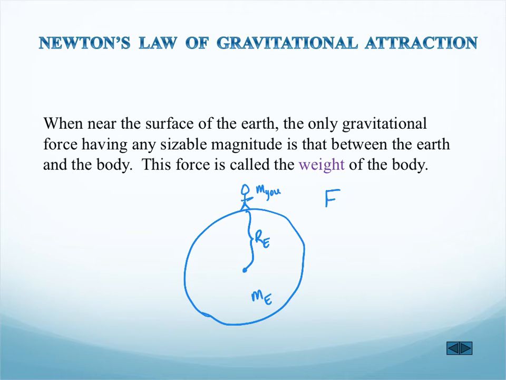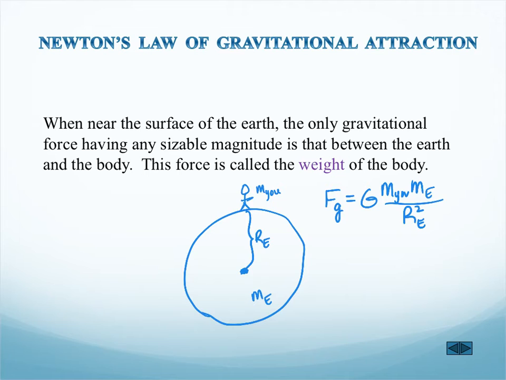The force of gravity between you and the Earth can be written, I'm just writing the magnitude right now, mass of you, mass of the Earth, and then the radius of the Earth squared, because when we have a large object, we measure the distance between large objects from the centers, and in a sense what we're pretending is that all the mass of the Earth is concentrated right at the center, and that's how we find the distance between the Earth and you if you're standing on the surface of the Earth.